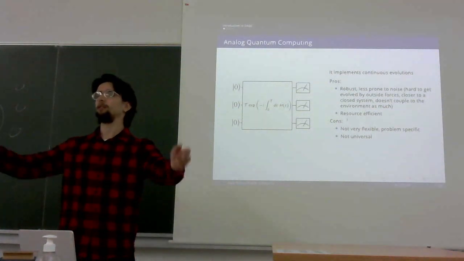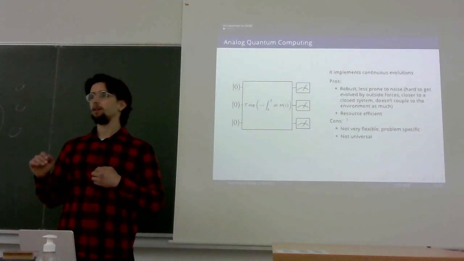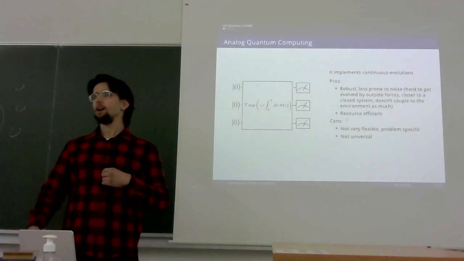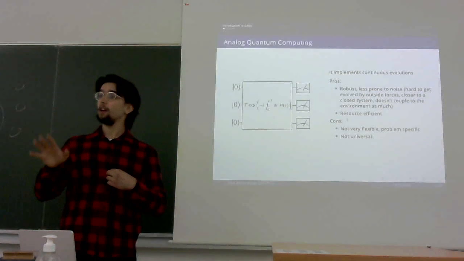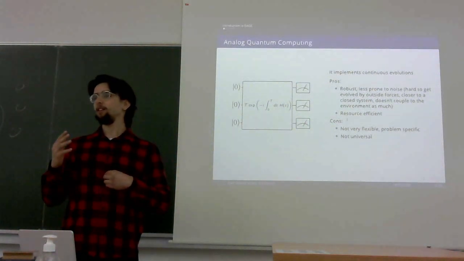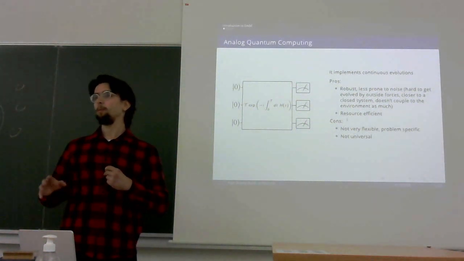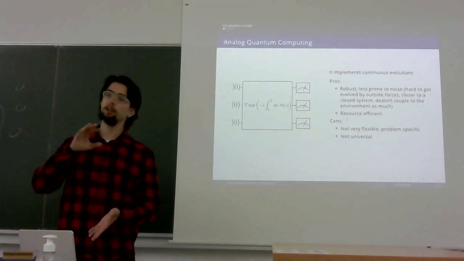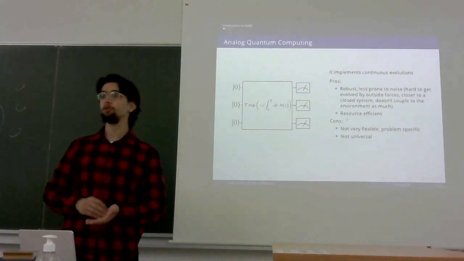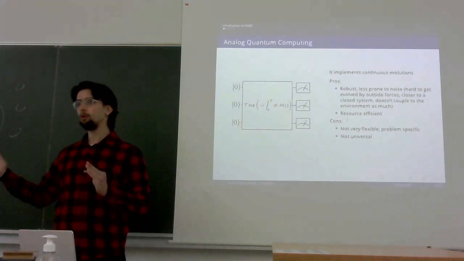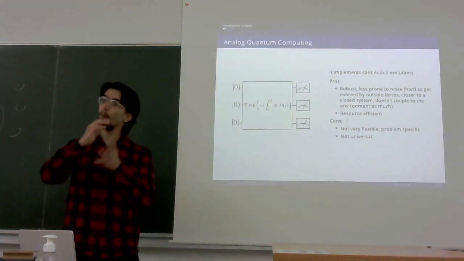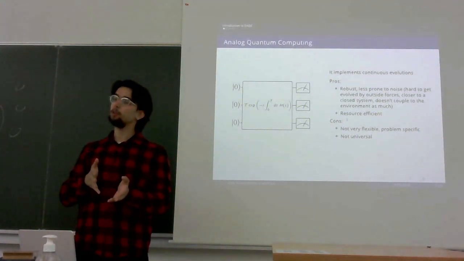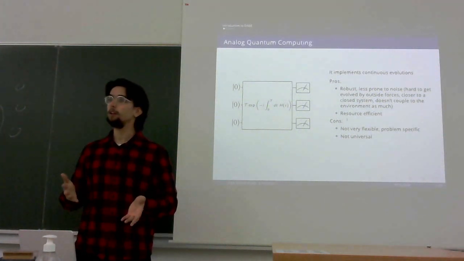Yes, but the universality comes from being able to implement any kind of Hamiltonian, while the universality in digital quantum computation comes from having a few kinds of interactions that I can combine to make new ones.